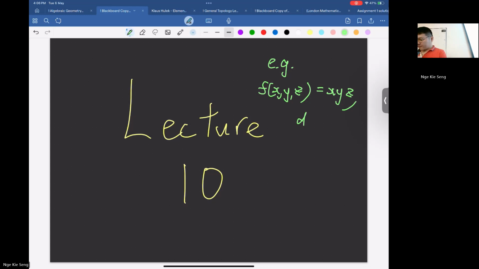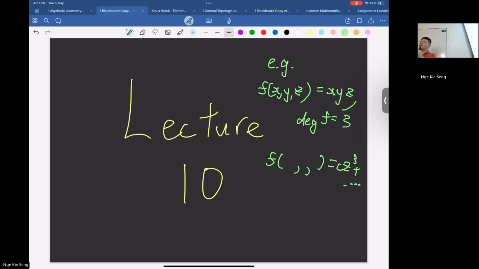So the degree of f is 3. Can you change your variable such that this new f could contain the term z to the 3, with some scalar maybe?